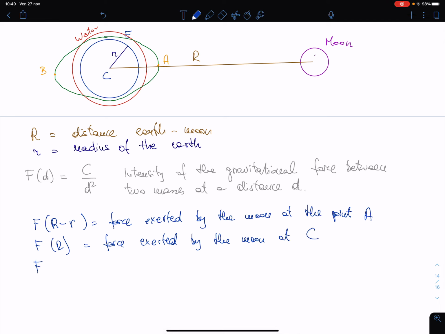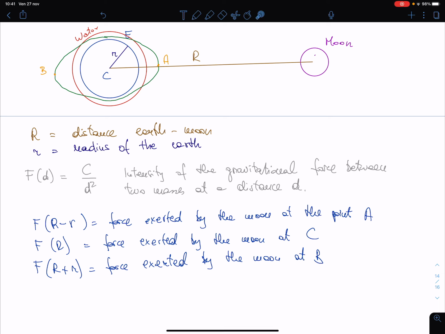And at the end, F of capital R plus small r, which is the force exerted by the Moon at the point B. Okay?